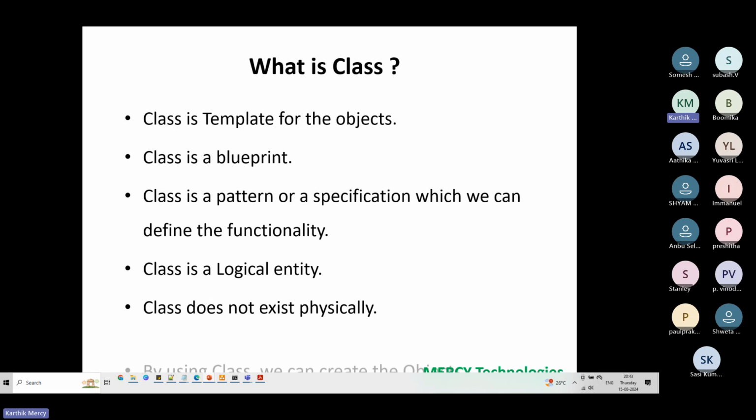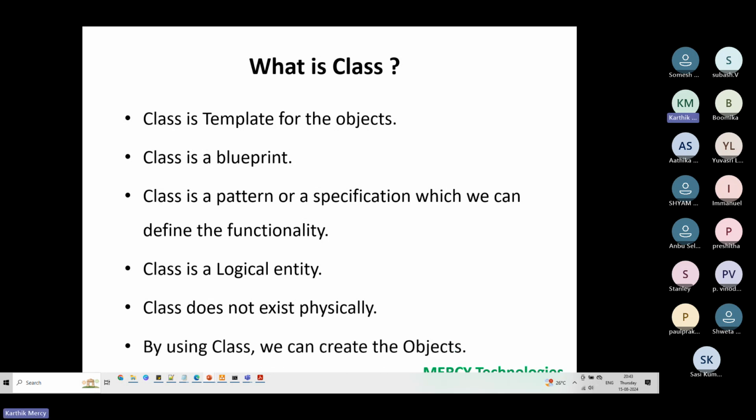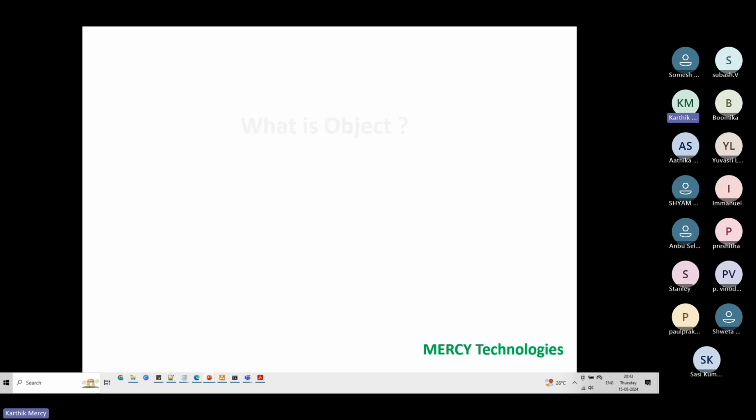Okay. Now, there is one more. By using a class, we can actually create objects. The same thing which I have been telling in the analogy of the apartment. So let's quickly go to our next one. What is an object? Using the blueprint, we can create an object. That is what I have been telling you, and I think you should be able to correlate to whatever I said.